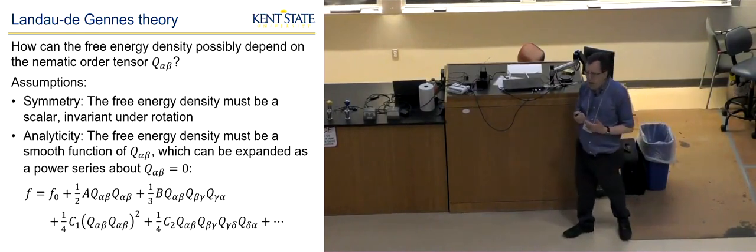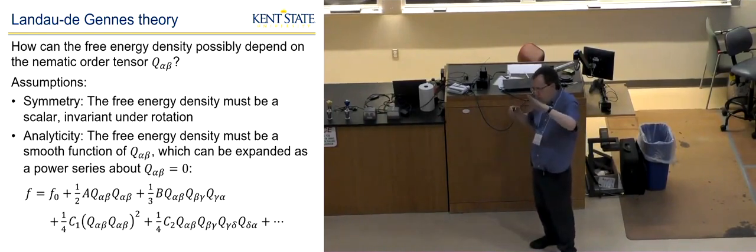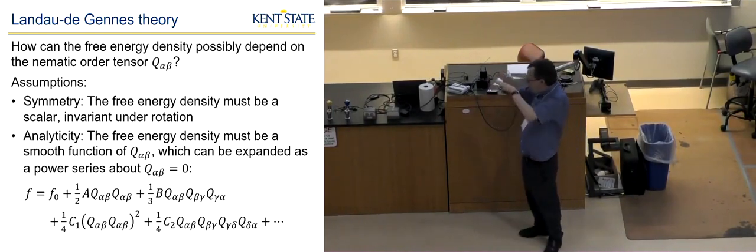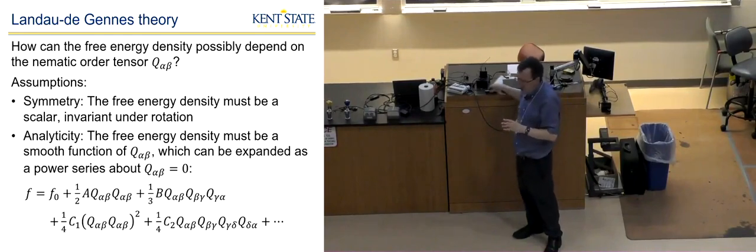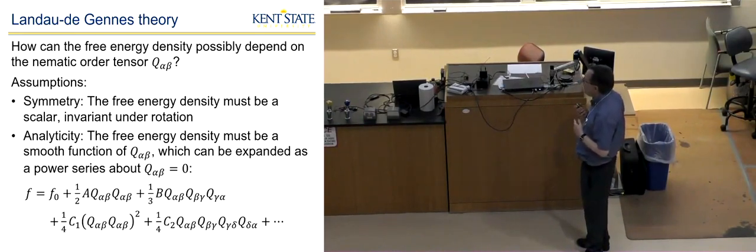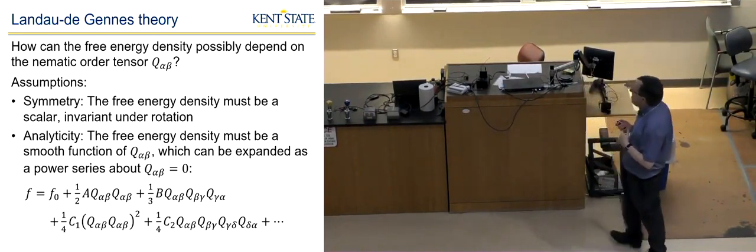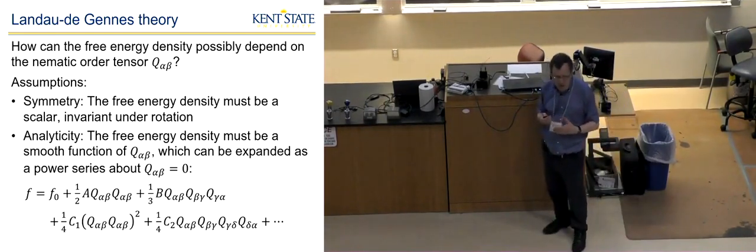So no matter what the orientation of the Q tensor is, if you rotate from having a distribution of molecules mostly like this to a distribution mostly like that, that has the same free energy. Then there's a more subtle assumption of analyticity, which is that the free energy density must be a smooth function of the order parameter.